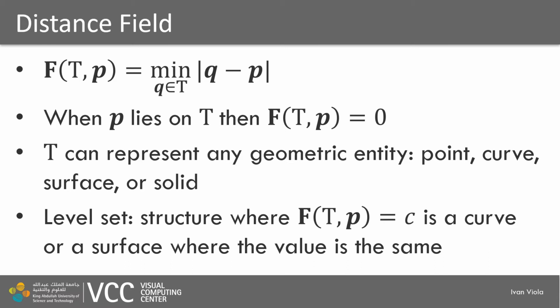So our implicit representation is defining a certain distance from a surface or from a skeletal element. For example, if we have a certain point, we can define a so-called distance field from this point.